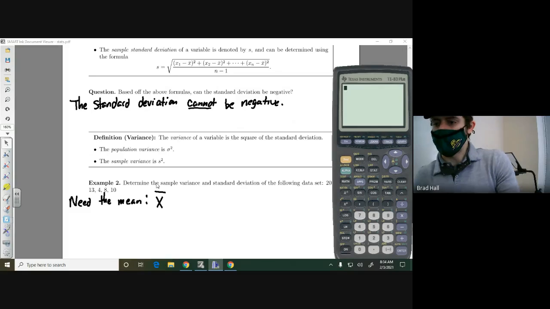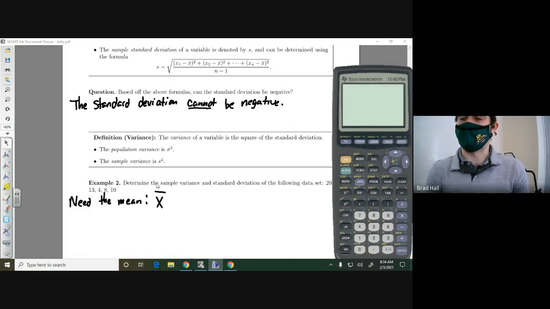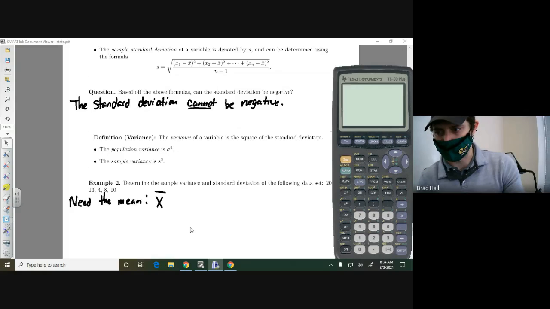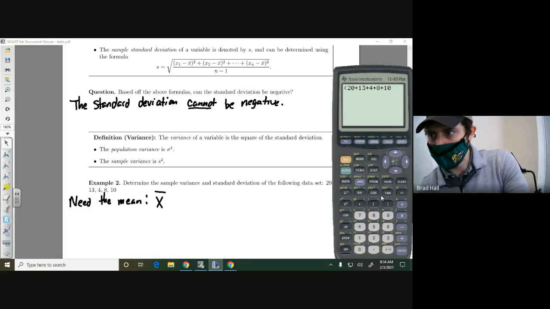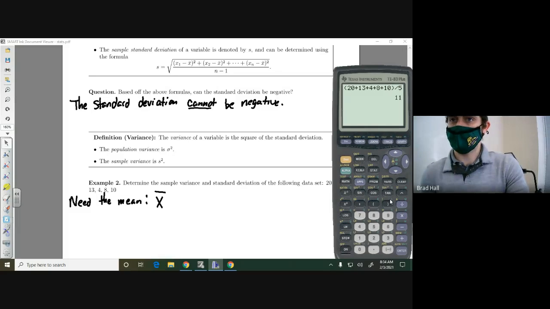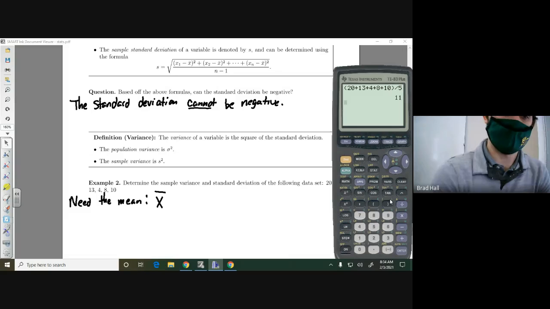There's only 5 data values here. You could just punch it into the calculator instead of doing the one variable summary statistics. I think I'll just do that. That's pretty straightforward. There's only 5 values here. Divided by 5. 11.